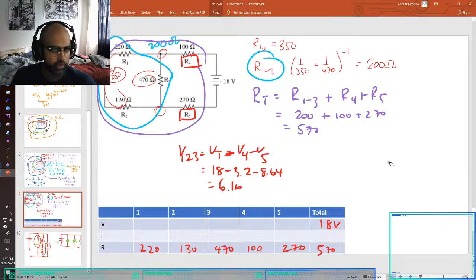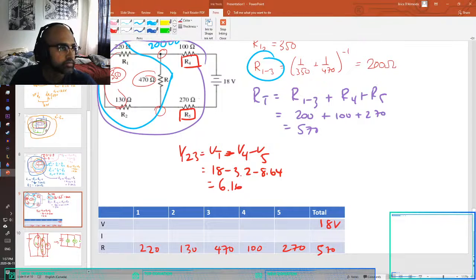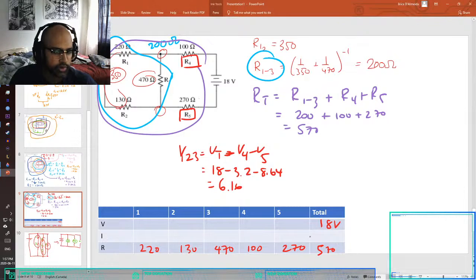That's fine. So 200 plus 100 is 300 plus 270 is 570. I'm happy with that. So let me just take more decimals then. 18 divided by 570 equals, I'm going to keep more decimals here. I'm going to write it smaller.